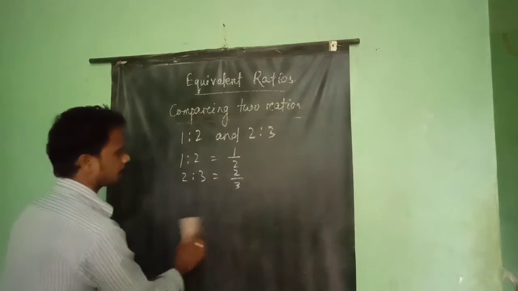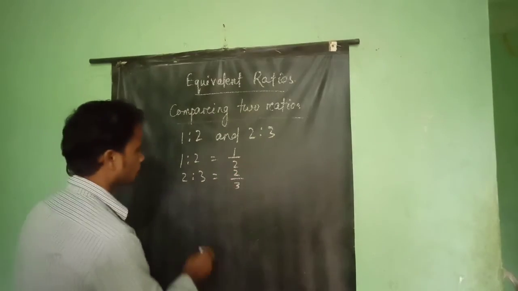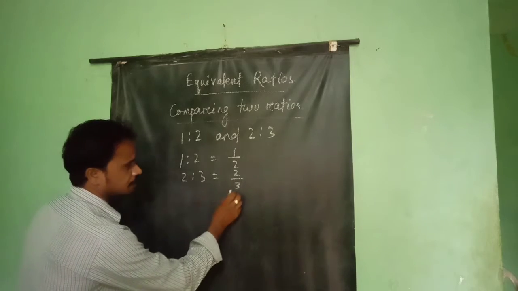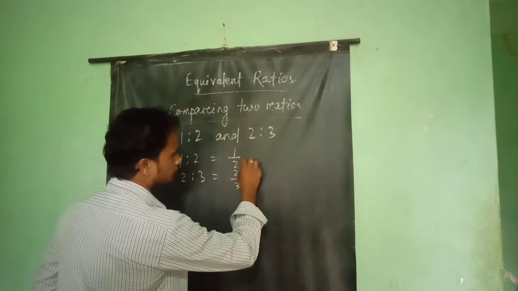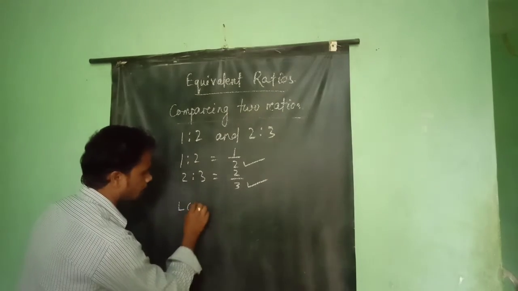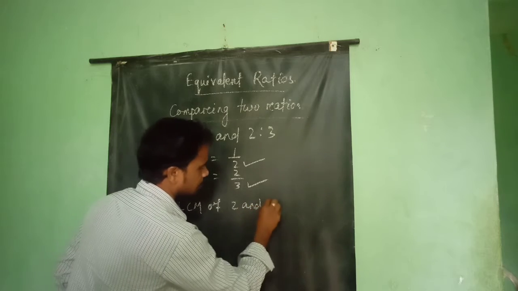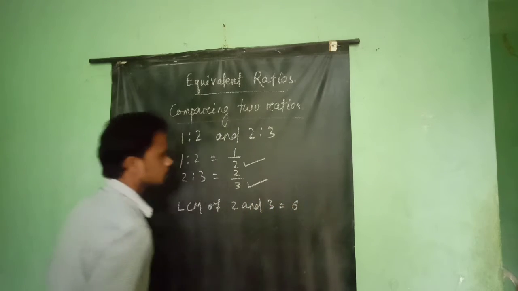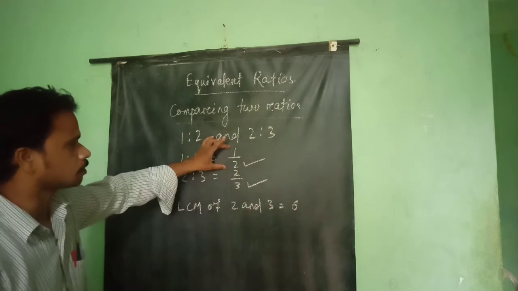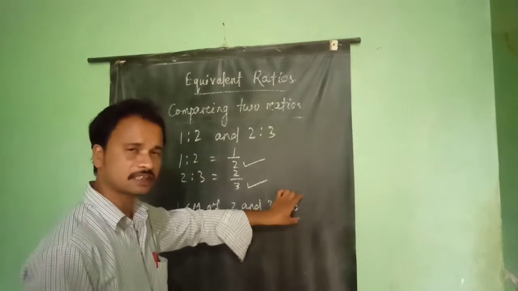जैसे कि हम ले लेंगे 1 by 2 and 2 by 3. So here the denominators are 2 and 3. So first take LCM of 2 and 3, which is equal to 6. So now we will convert the denominators into the same denominator, that is 6.